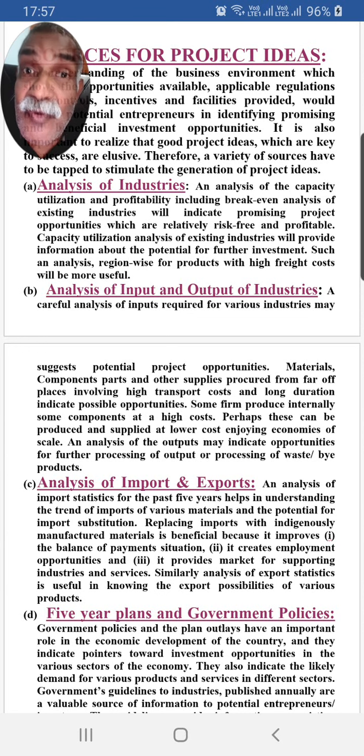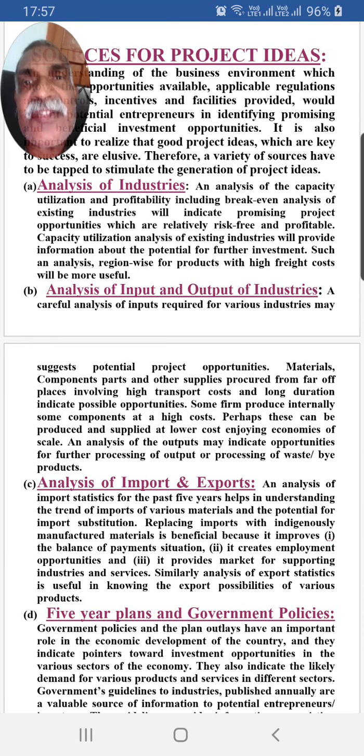Instead of producing, you will purchase from outside. So this analysis of input and output indicates the opportunities for further processing of output or processing of waste byproducts.